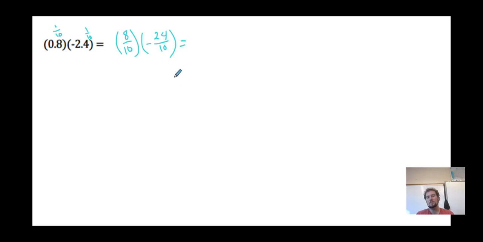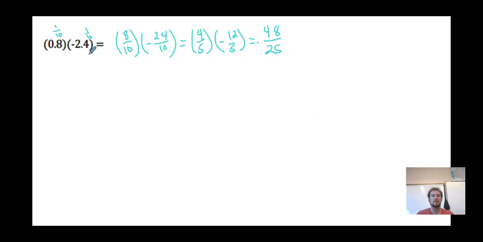And now to do this multiplication, we just need to simplify these two fractions. 8 and 10 are both divisible by 2, so this is 4/5. And 24 and 10 are both divisible by 2, so this is negative 12/5. Now multiplying across the top, we get 48, and multiplying across the bottom, we get 25, and then a positive multiplied by a negative gives us a negative.